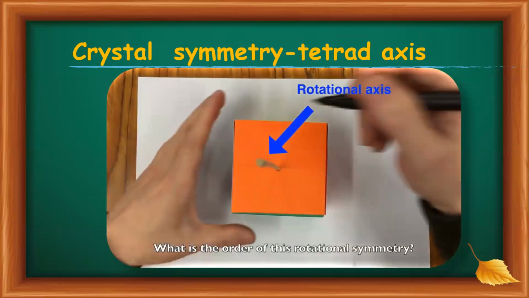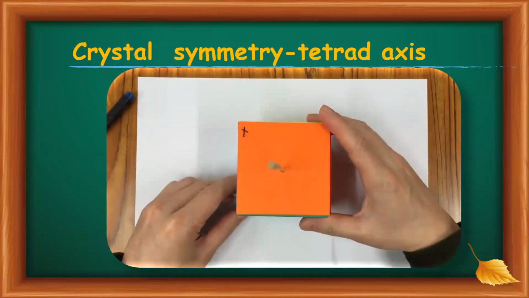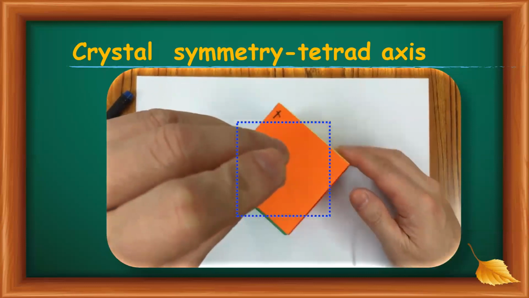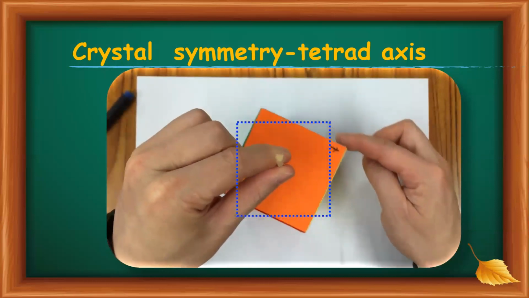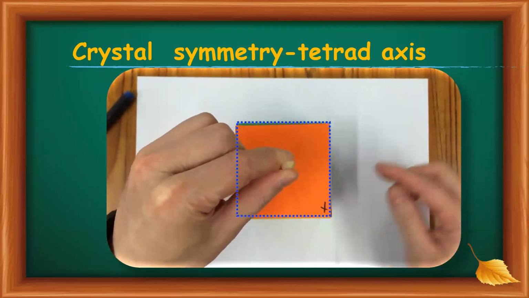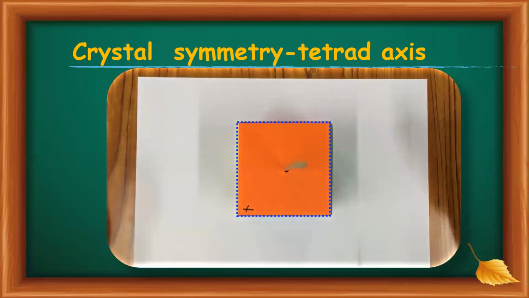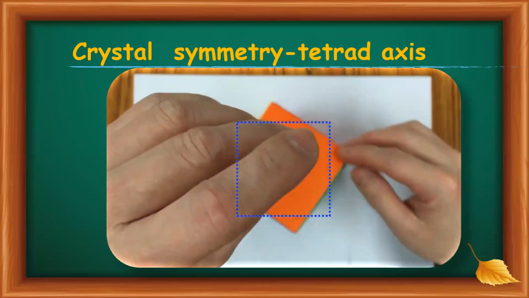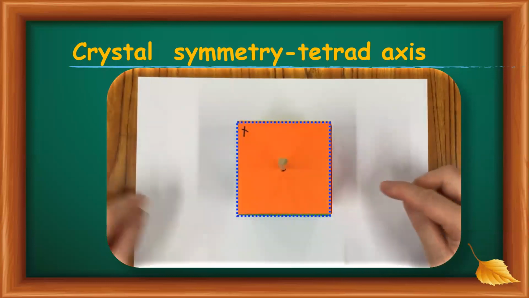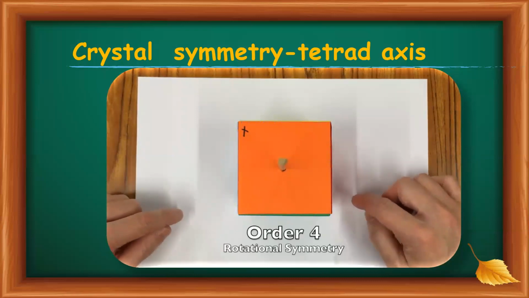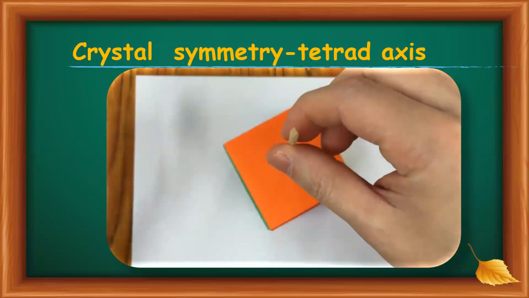It is a rotation axis, and if we rotate 90 degrees, the shape is not changed. It is the third one. And if we make one more rotation, it becomes the initial position. So it has order of 4. Okay.